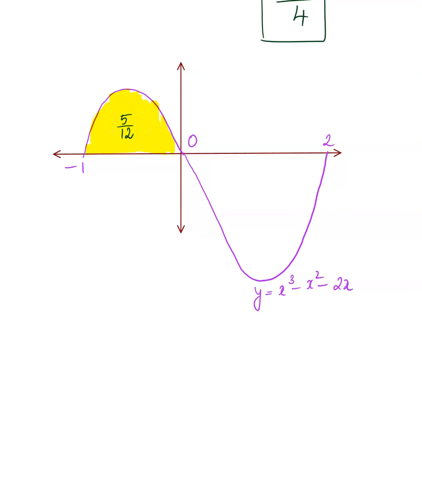And this region here was negative, and this region was negative 8 over 3, wasn't it? Negative 8 over 3. And when you take the absolute value of it, you got it as a positive, which is like flipping it to the other side of the x-axis. So you got the absolute value of negative 8 over 3, which gave us 8 over 3.